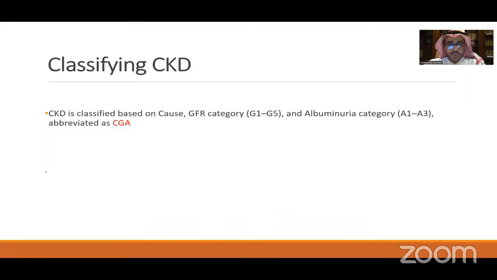When we diagnose CKD, or when CKD is detected, the next step is to classify it or stage it. And the KDIGO suggests to use the CGA classification. C stands for the cause, G for GFR category, and A for level of albuminuria.